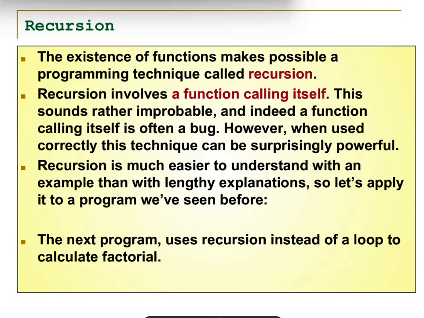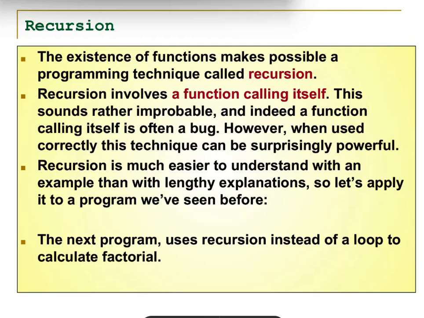Recursion. The existence of a function makes possible a programming technique called recursion. Recursion involves a function calling itself. This sounds rather improbable, and indeed a function calling itself is often a bug. However, when used correctly, this technique can be surprisingly powerful.